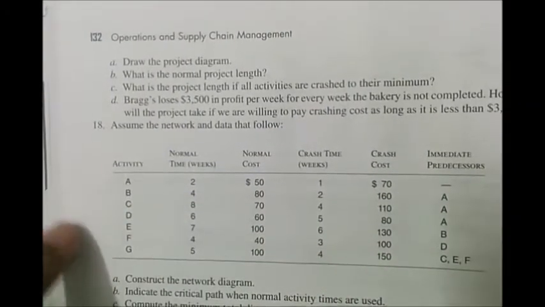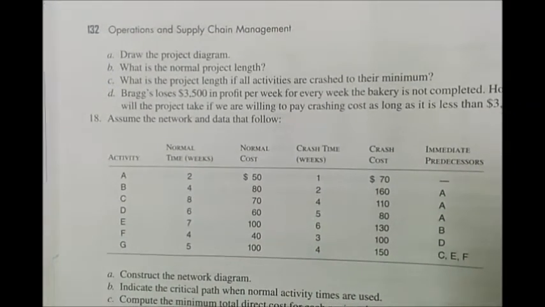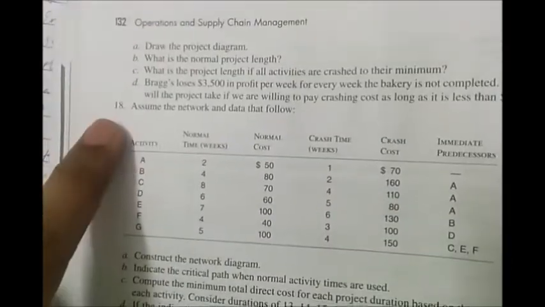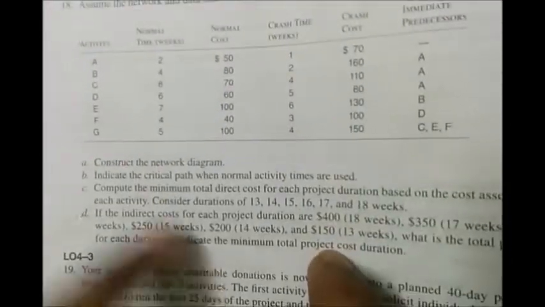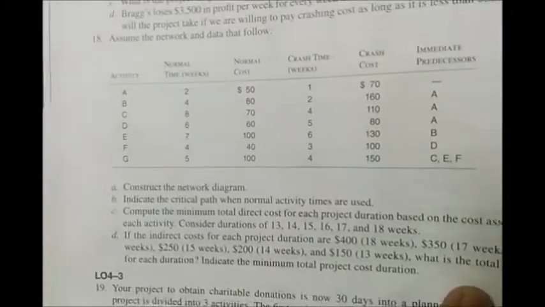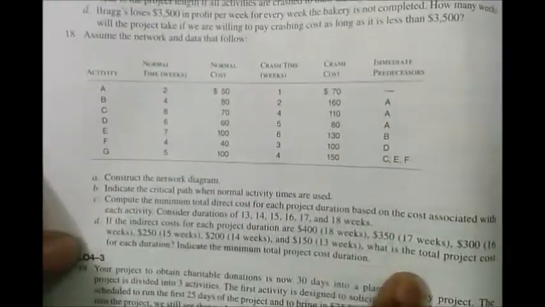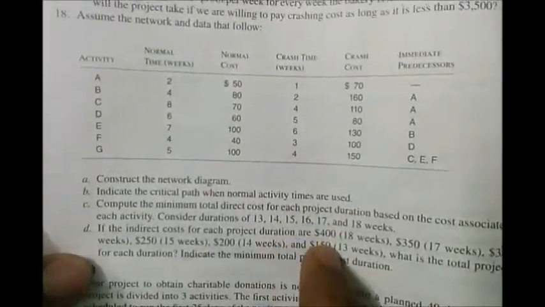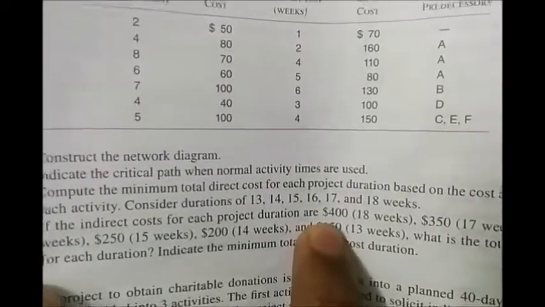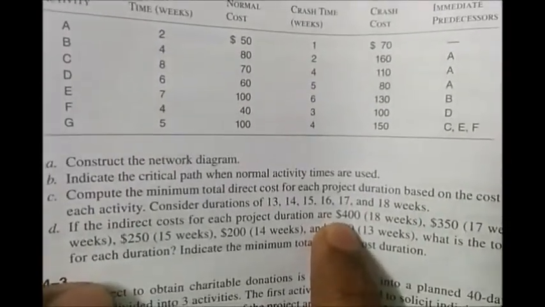Now, let's look at another type of question. It's given on page number 132, question 18. Here, basically, we were dealing with one cost, that is a direct cost. Here, the concept of indirect cost has come into play. They have listed that if your project gets completed in 18 weeks, you have to pay an indirect cost of $400.